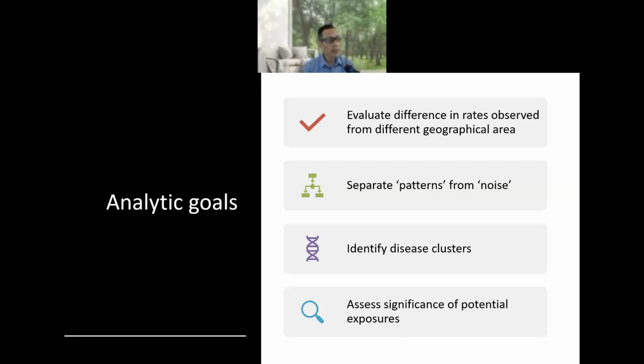So, for example, why in Gua Musang are there more malaria cases? Why do those locations have more malaria cases? Is it due to behavioral problems or environmental problems or whatnot?